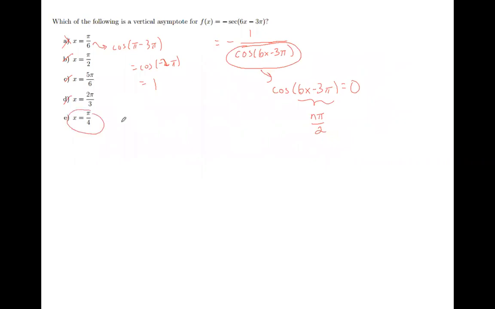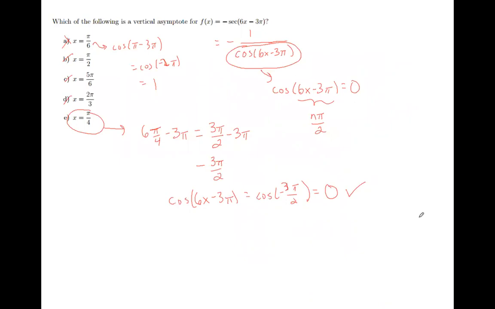However, if we look at answer choice E, 6x minus 3 pi is going to be 3 pi over 2 minus 3 pi, which is negative 3 pi over 2. Then the cosine of 6x minus 3 pi is the cosine of negative 3 pi over 2, which is coterminal with pi over 2, so the cosine is going to be 0.